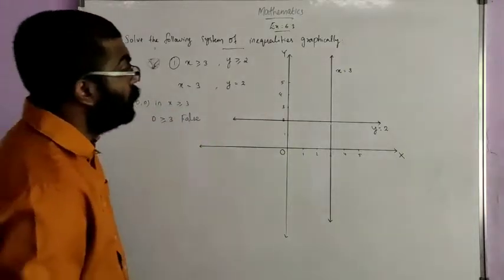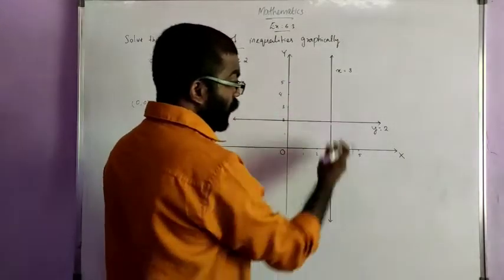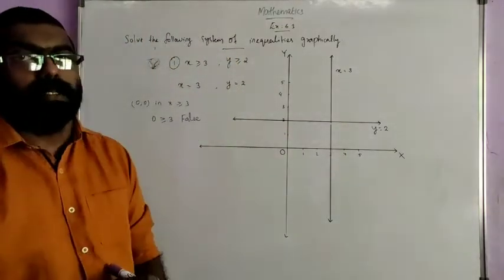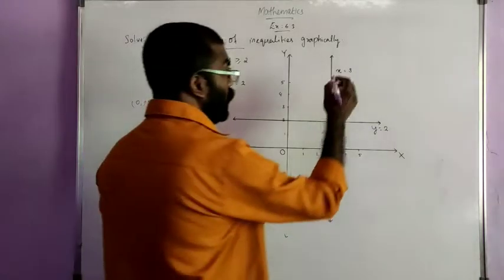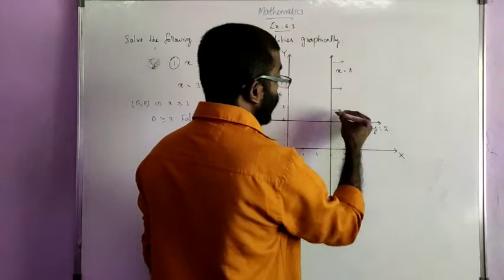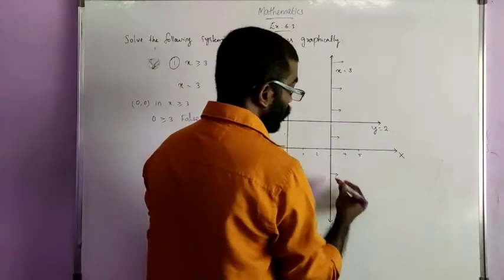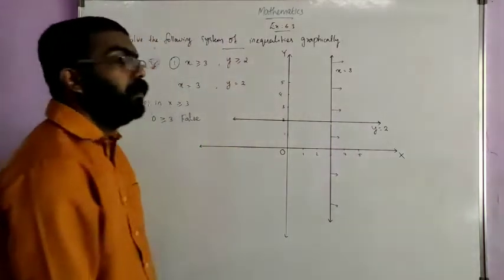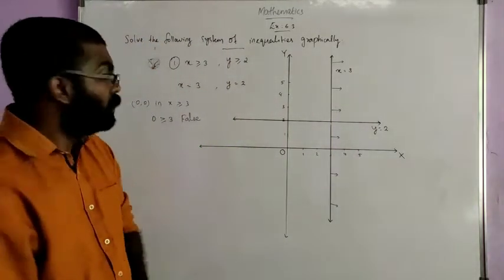So for the line x equal to 3, 0, 0 is not a point in the solution region. So it will be on the right half plane, that we can mark here. The right side of this line x equal to 3 will be the solution region.